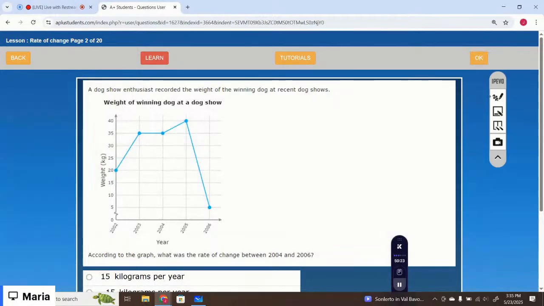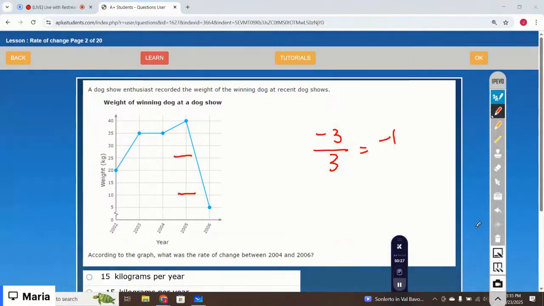The chart is listed with the weight of the winning dog at recent shows. According to the graph, what was the rate of change between 2004 and 2006? That is 35 minus 5, divided by 2.